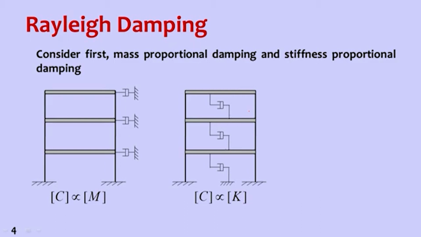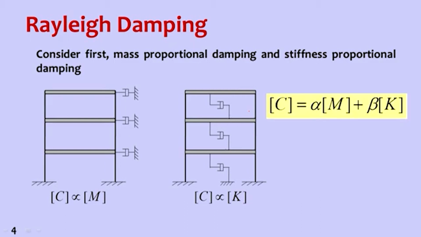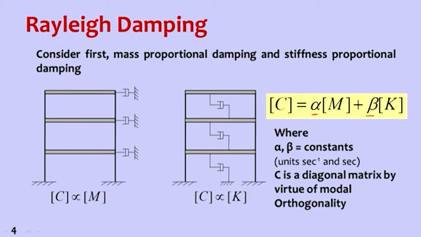Then in combined form we can write damping equal to alpha, because to remove the proportionality we have to introduce some constant. So damping C is equal to alpha times the mass matrix plus beta times the K matrix, that is the stiffness matrix. Now we need to find out what these alpha and beta values are. Alpha and beta are constants.